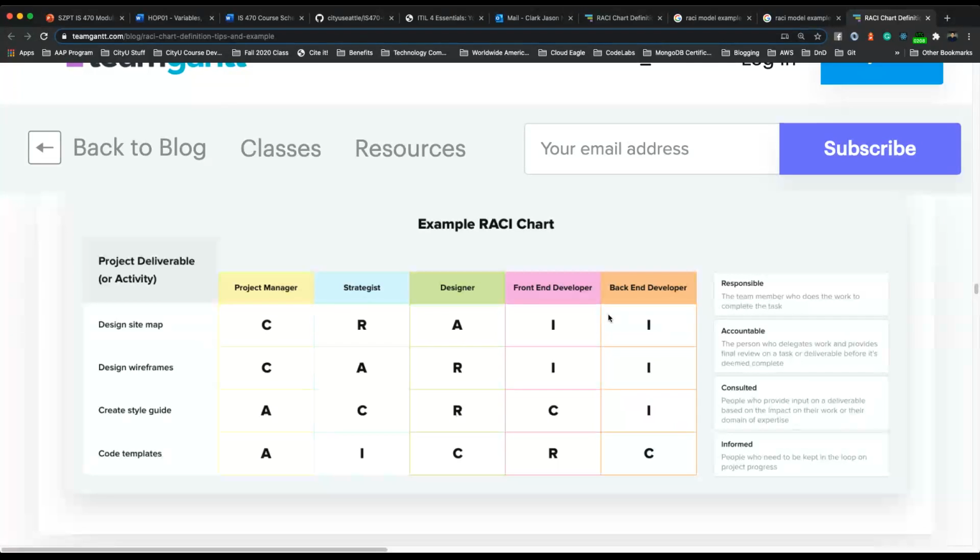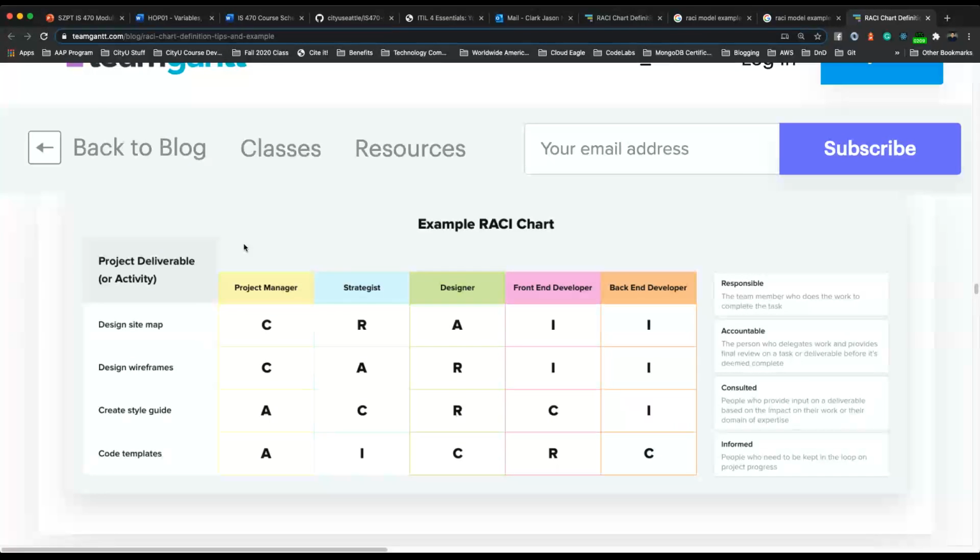Okay. So here's an example. Let's say they have a project to be delivered, and you have the following people. You have a project manager, strategist, designer, front end developer, back end developer, right? So, design the site map, and design the wireframes, you see them similar, right?